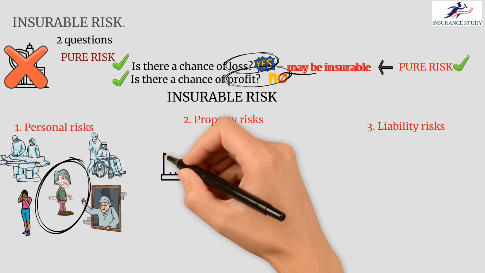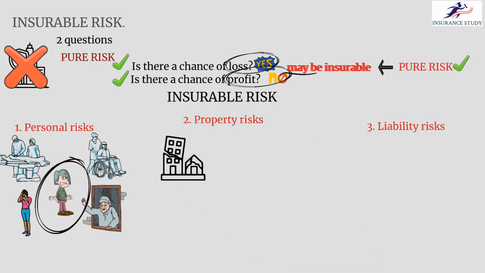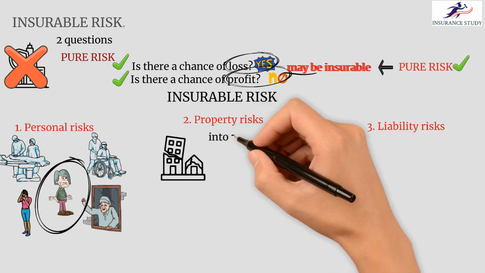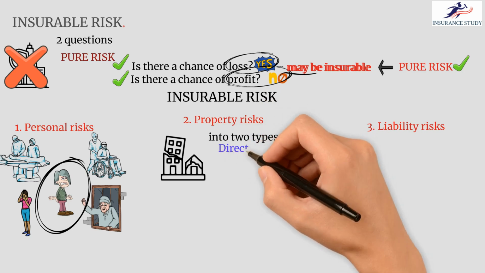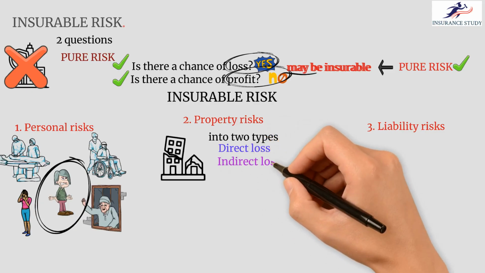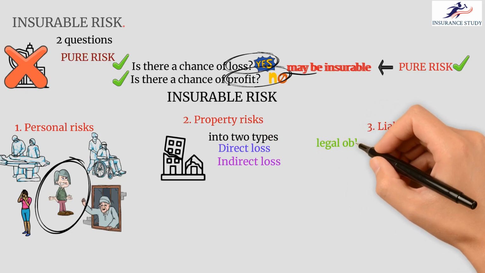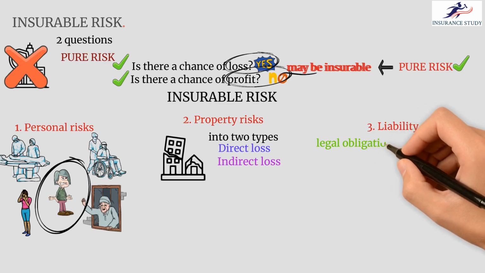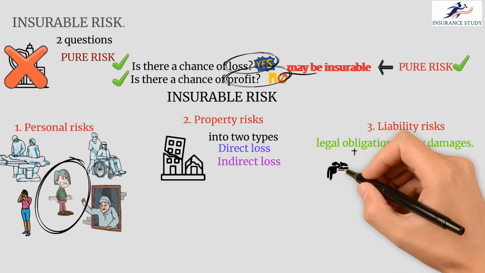Property risk involves the chance of loss arising from destruction of or damage to property. Property losses are divided into two types: direct loss or indirect loss. We will discuss these in more detail next. Liability risk involves the chance of loss arising from a person's legal obligation to pay damages.